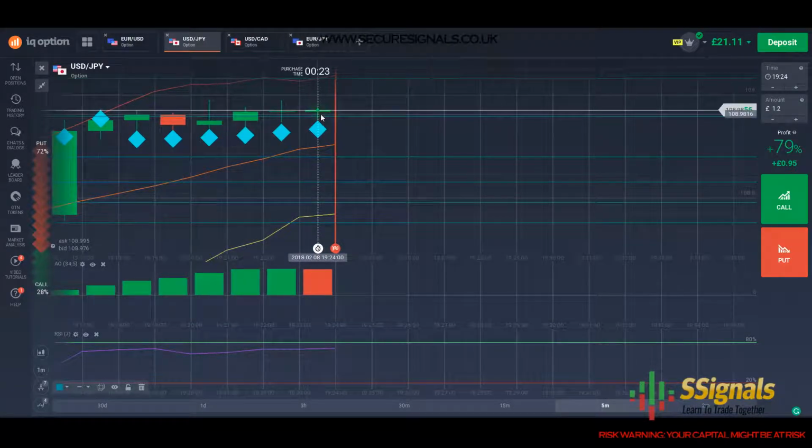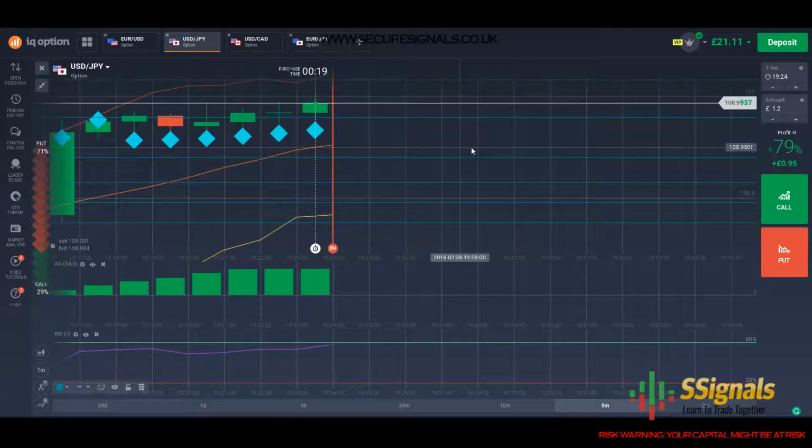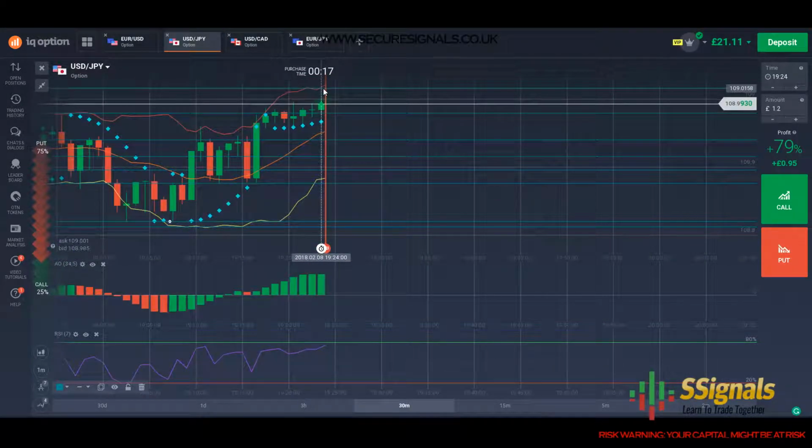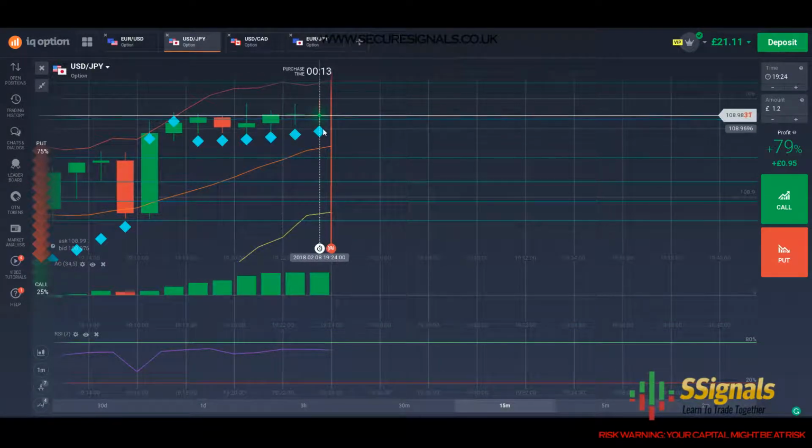Okay, so this candle should close red. Let's wait for a touch up to this level to be safe, or a red confirmation candle.